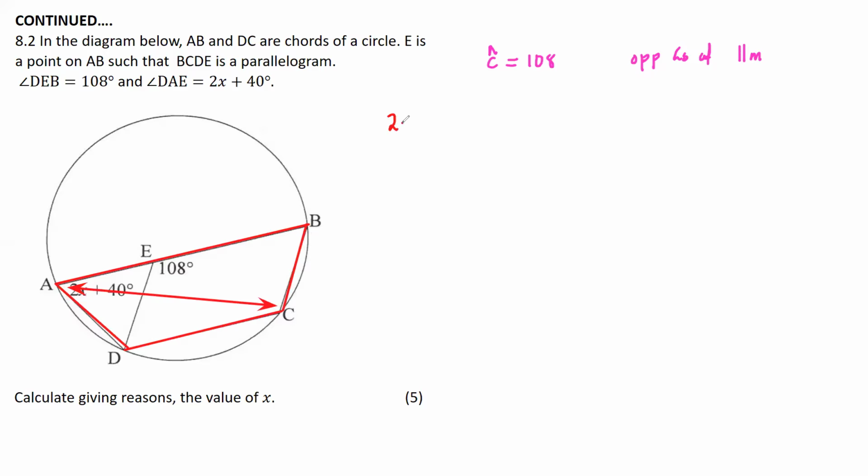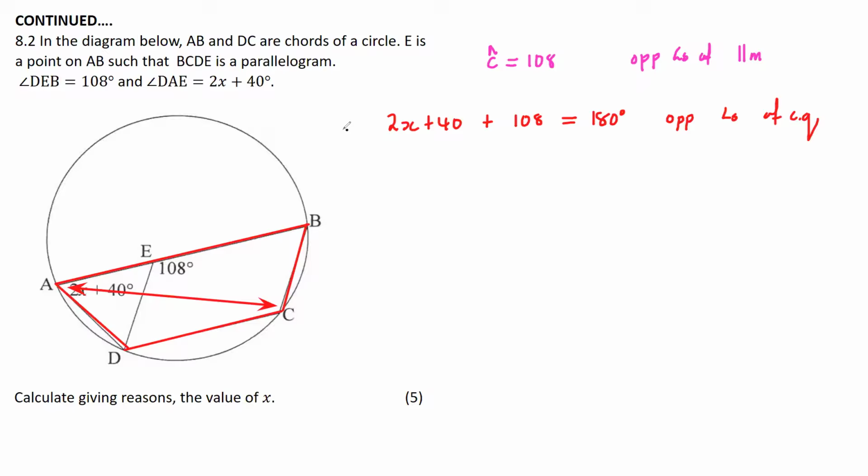In other words, 2x plus 40 plus C, which is 108, should be equal to 180 degrees because opposite angles of a cyclic quad are supplementary. So the rest is now algebra.